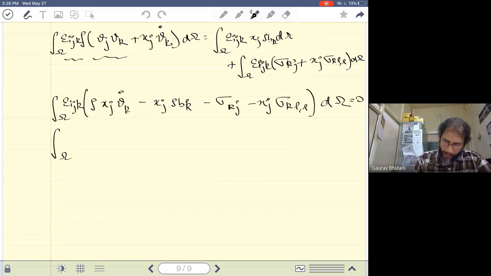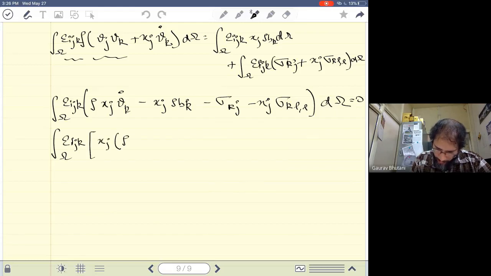So now we can do a further simplification. What we can do is take xj common. So we get rho vk dot minus rho bk minus sigma kl comma l.